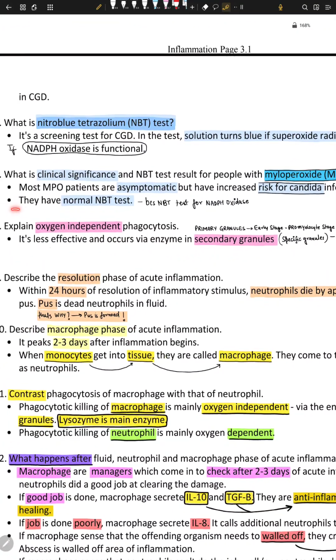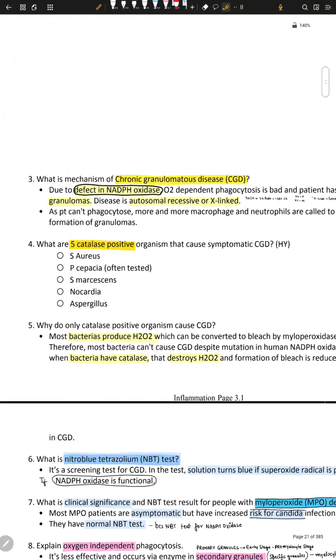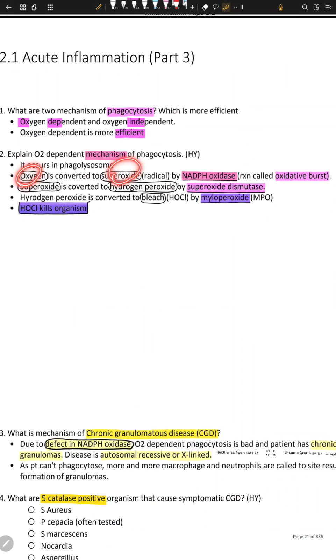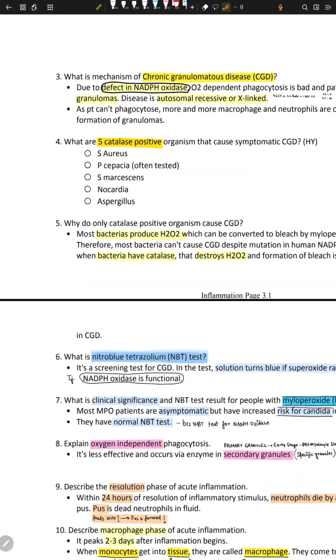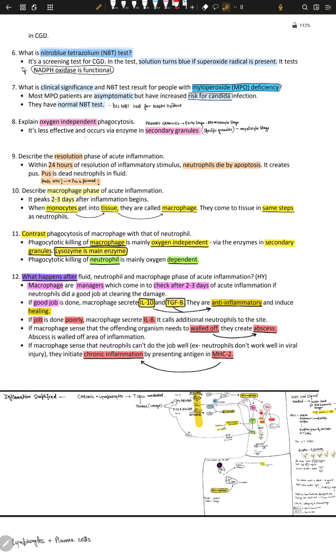They have a normal NBT test, because their NADPH is normal, right? They can convert oxygen into superoxide. But the myelo part, where hydrogen peroxide converts into bleach, is messed up. So they think they're all right, but they will have recurrent candida infections.